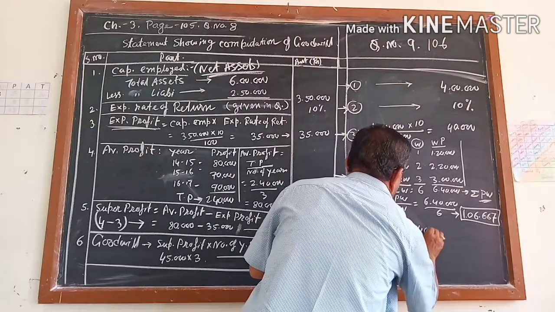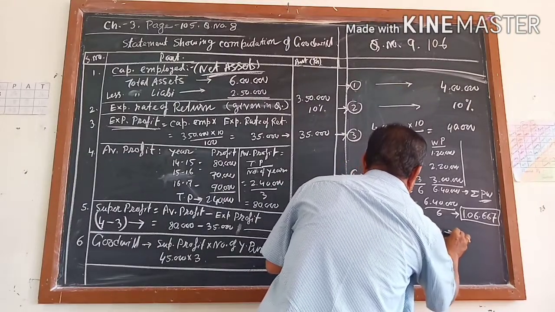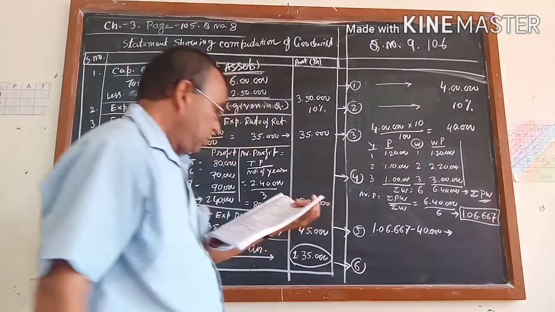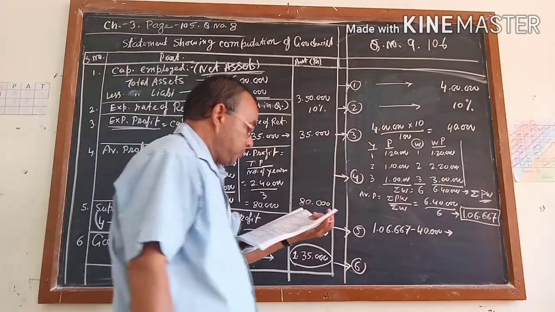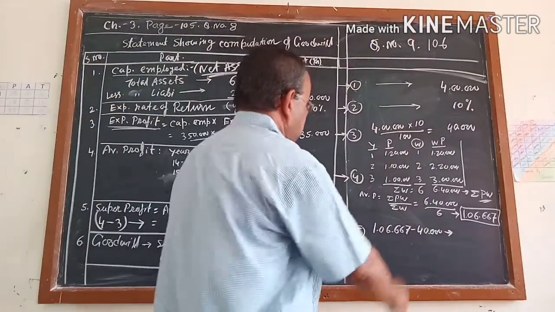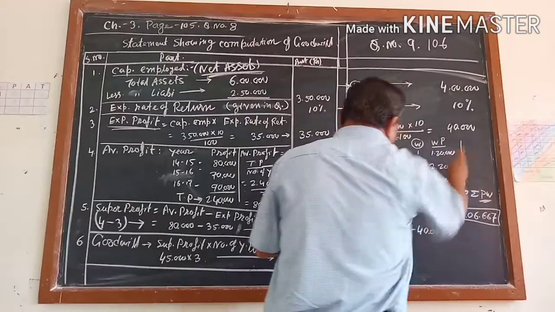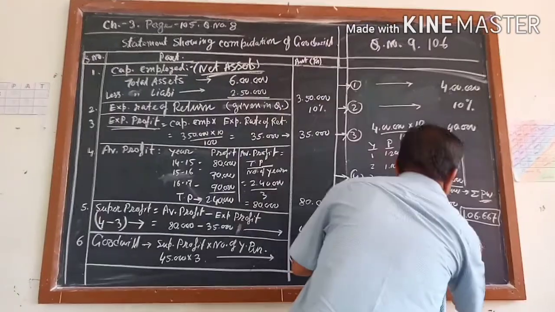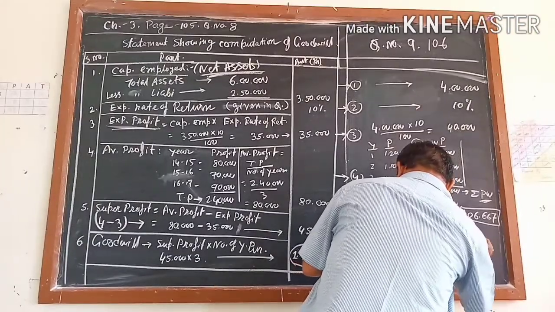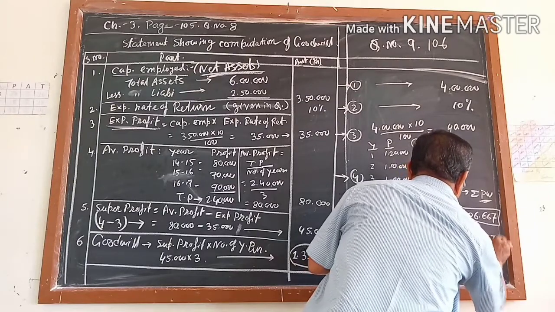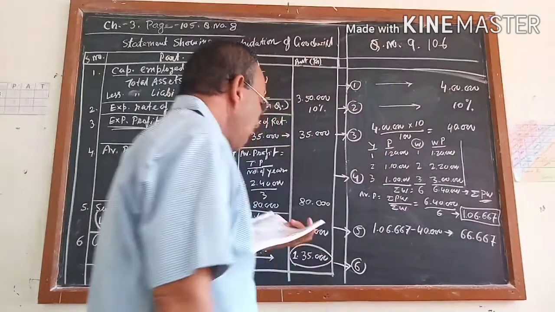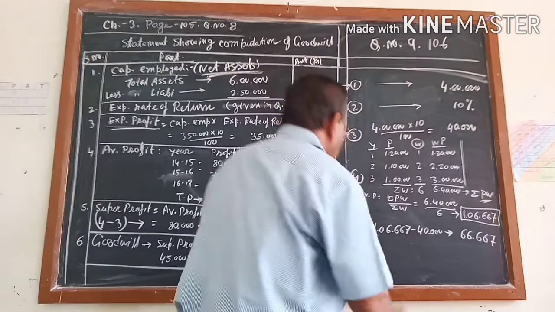That is 40,000. So fifth step is super profit, which is average profit minus expected profit, and you are getting 66,667.